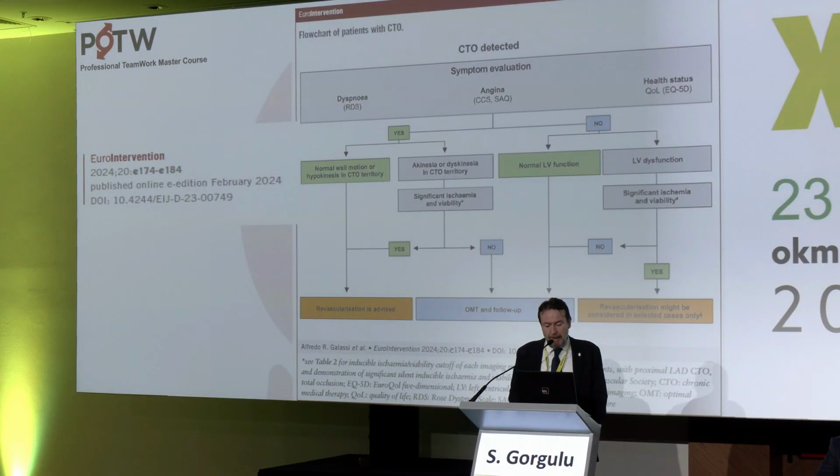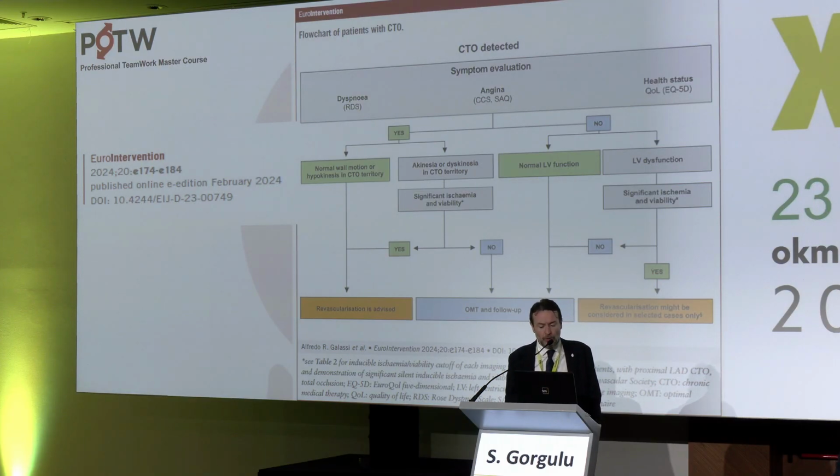And symptom improvement is the primary indication for CTO PCI with the strongest evidence to date. Okay, there is class 3 angina, no problem with the indication. If this patient had no symptoms, with an ejection fraction 35% and silent ischemia with viable myocardium, is it warranted for an intervention?